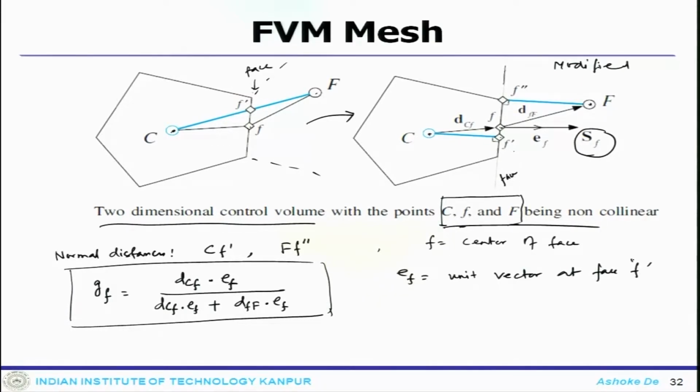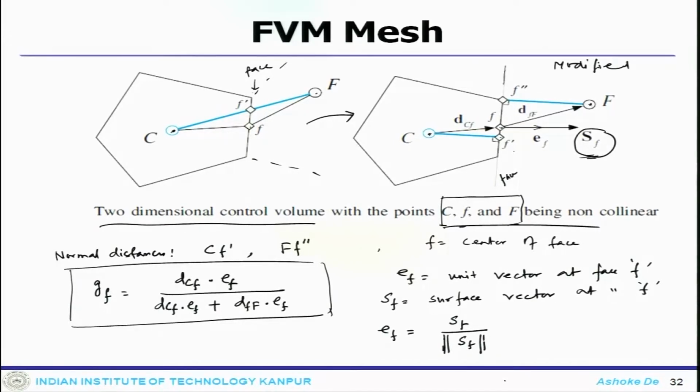And how will that unit vector be calculated? Since it is a unit vector, it goes along the surface vector Sf, where Sf is the surface vector at face f. Once you have an estimate of that surface vector Sf, you can estimate Ef equals Sf divided by the magnitude of Sf.